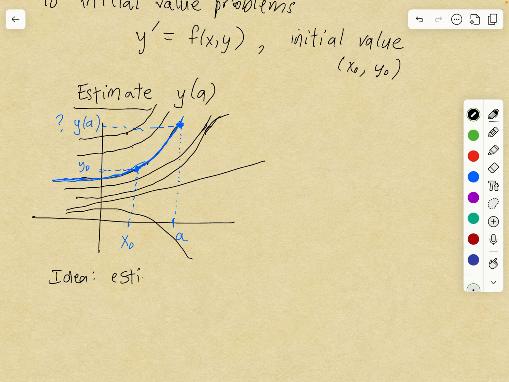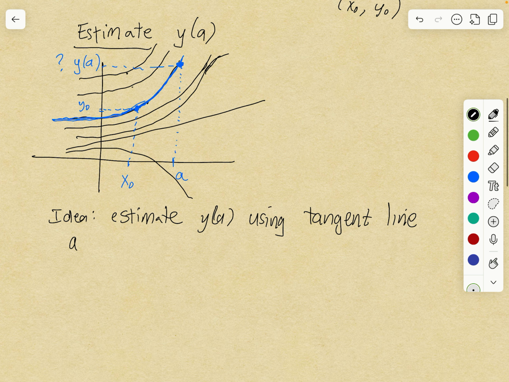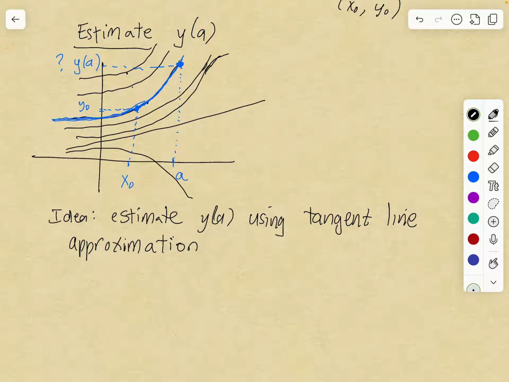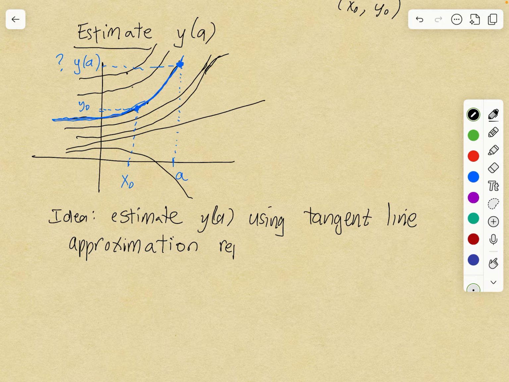So estimate y of a using the tangent line approximation, which I'm not going to go over because I'm assuming that you know what it is. There are lots of videos that go over how to find the tangent line approximation. Using the tangent line approximation repeatedly. So you use it many times.